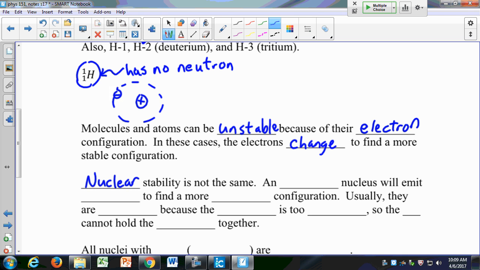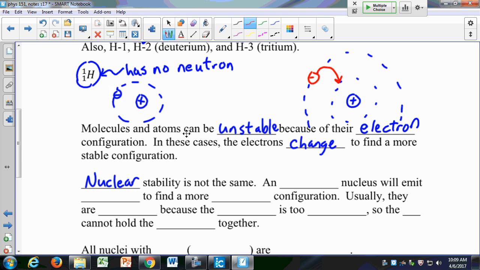Do you understand what I'm talking about with the electrons? I can have a positive nucleus, and I have these shells where the electrons are supposed to be, and I can have an unstable electrical configuration, say where I have an electron where it's not really supposed to be, and it can shift around, like this electron can go down to the next shell so that it becomes a more stable configuration. Okay, it's not that important. We're not going to see many electrons, but the nuclear stability is just different.